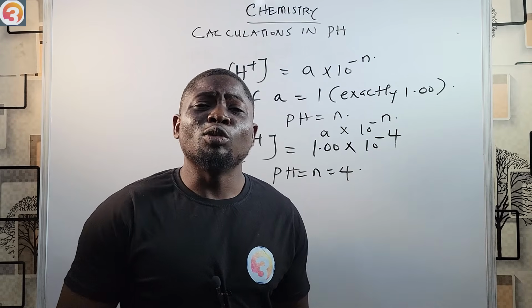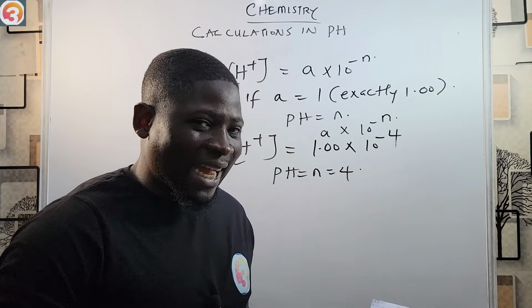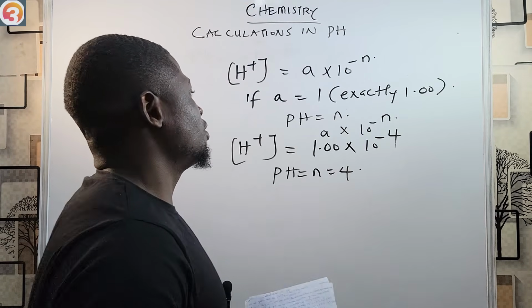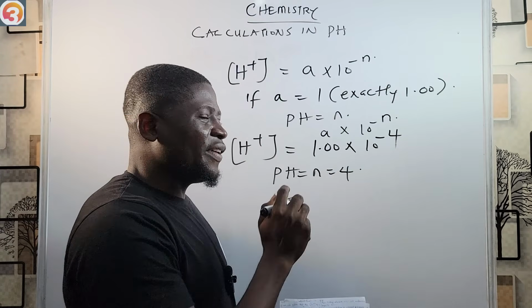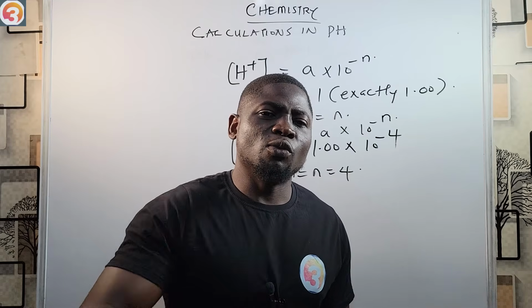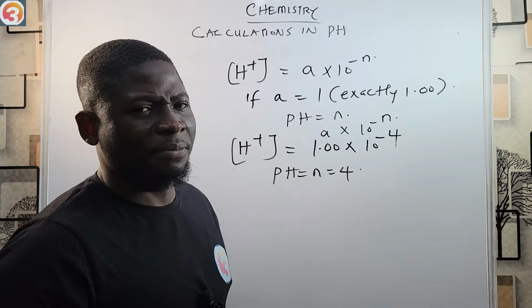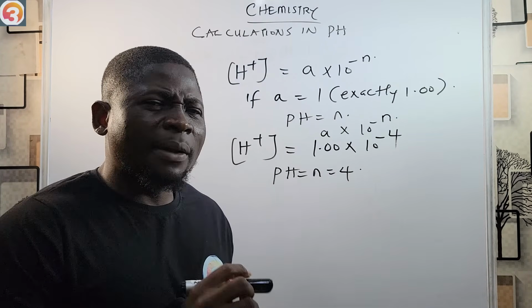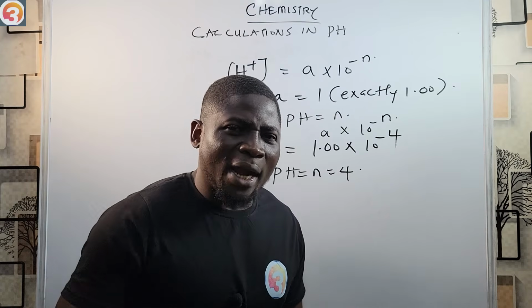You see that you don't need to solve at all. That is the first trick to answer questions on pH, right? So if A here is exactly 1, then the pH is equal to N. Simple as ABC. But what about if A is not 1?